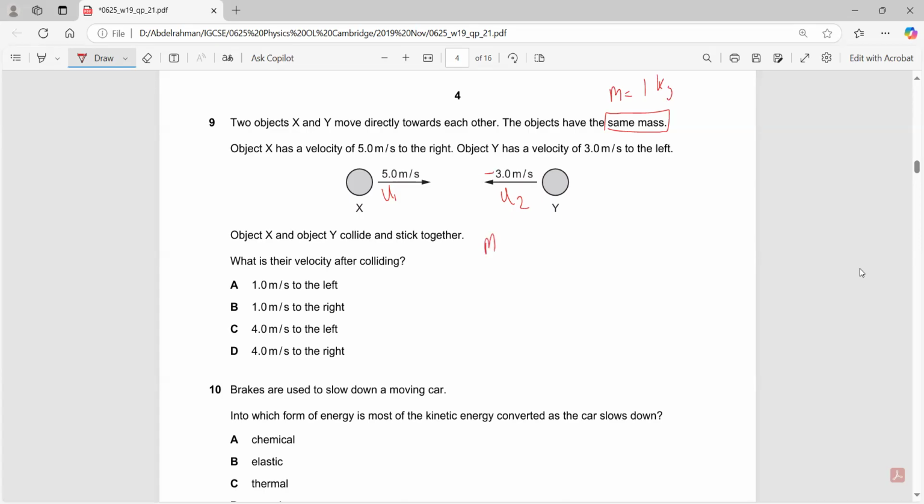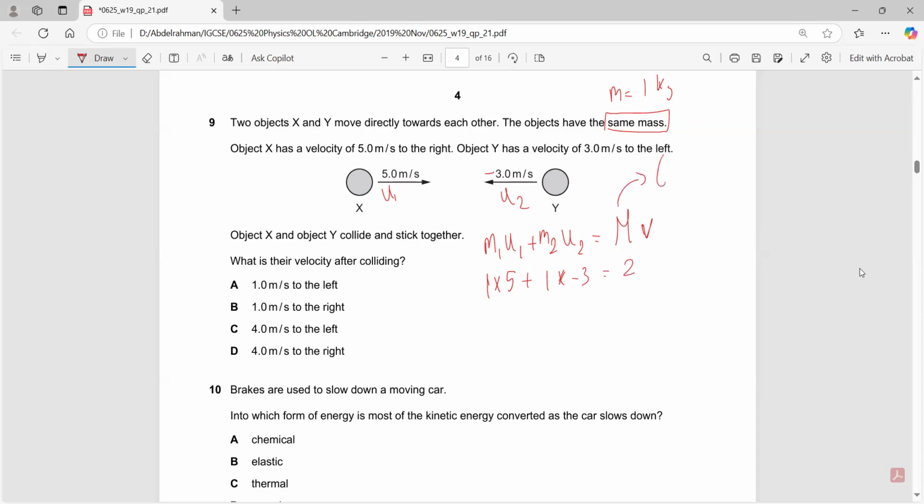We can say m1u1 plus m2u2 is equal to capital M V, in which capital M is the summation of both masses. So 1 times 5 plus 1 times negative 3 would be equal to 2m, 2 times 1, which is 2.